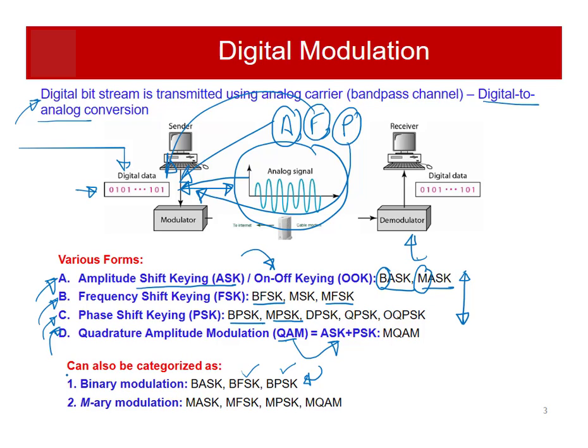So let's get some more idea about binary and M-ary shiftings. I will discuss them in a bit more detail here. Take a bit sequence, let's say 1 0 1 0. Okay, so we have this bit sequence, and we want to transmit it as ASK.